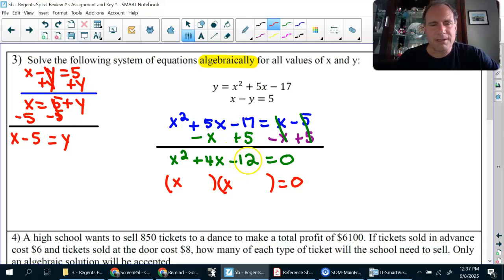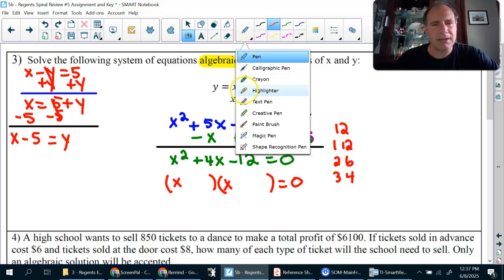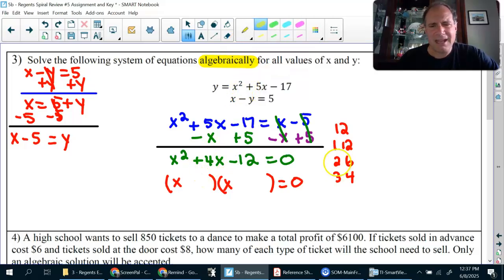So I'm going to put the 12 here, and I'm going to look for factors of 12 that multiply to 12 and that add or subtract to 4. So I have 3 and 4 that I could look at, but I have to add or subtract to 4, and maybe 2 and 6. Those could be the factors there, because if you subtract them, that equals 4.